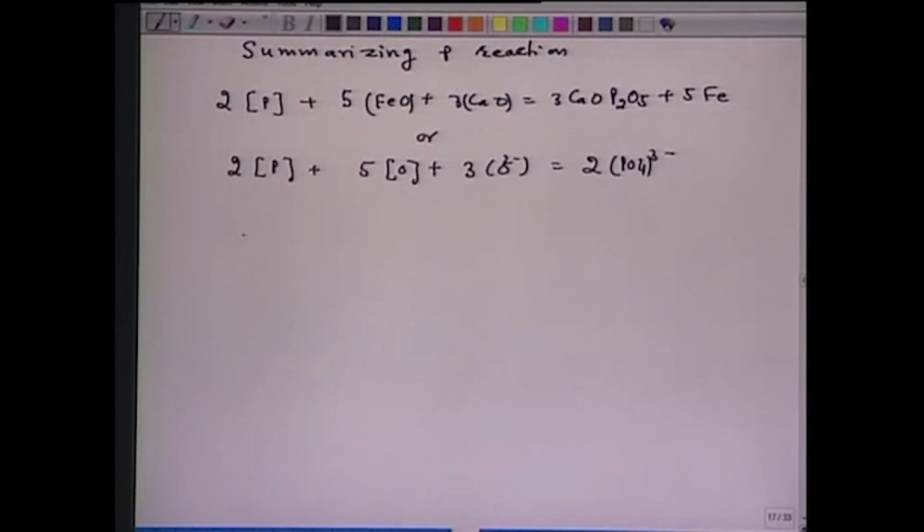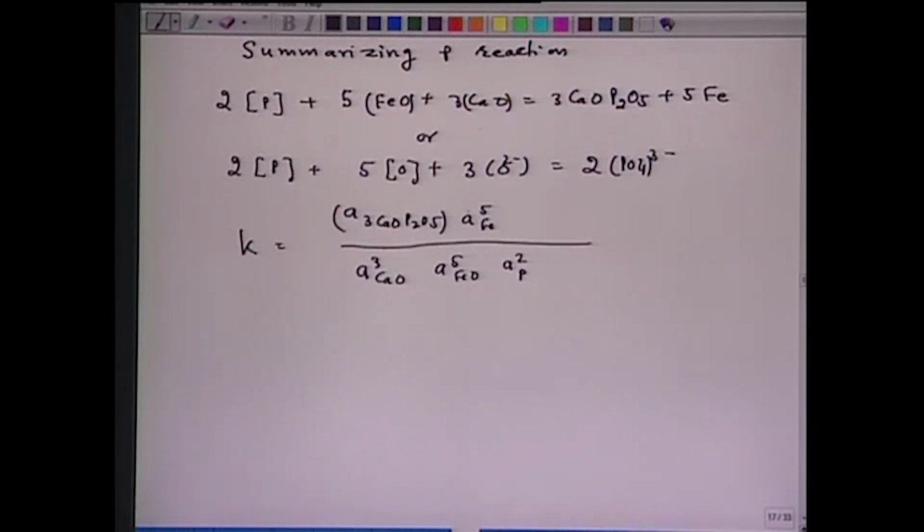If I write down the value of K, K will be equal to activity of 3CaO.P2O5 into activity of iron to the power 5, upon activity cube of calcium oxide, upon activity of 5FeO, upon activity square of phosphorus. Now, this is in the slag, this is in the metal, this is in the slag, this is in the metal, and this is in the slag.